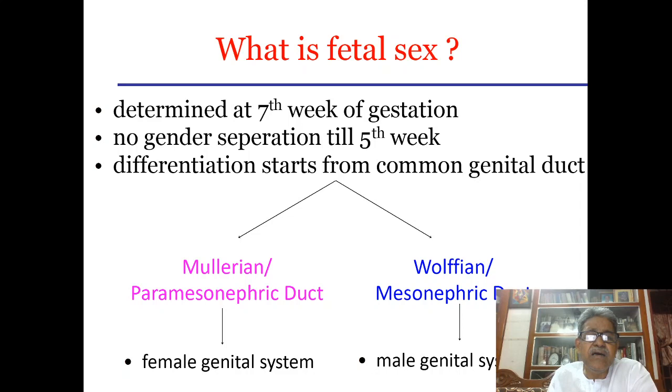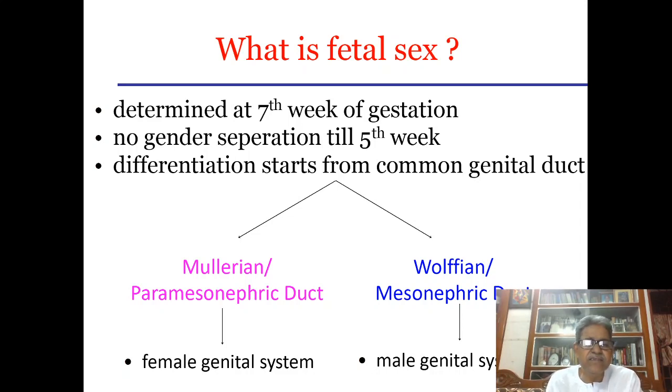The embryology concept, possibly you know: the reproductive system or genital system of the fetus develops from a common genital duct. Possibly you have the common embryological concept. Such a genital duct, by different protein factors, hormones and genes, is divided into two parts: the Mullerian duct and the Wolffian duct.